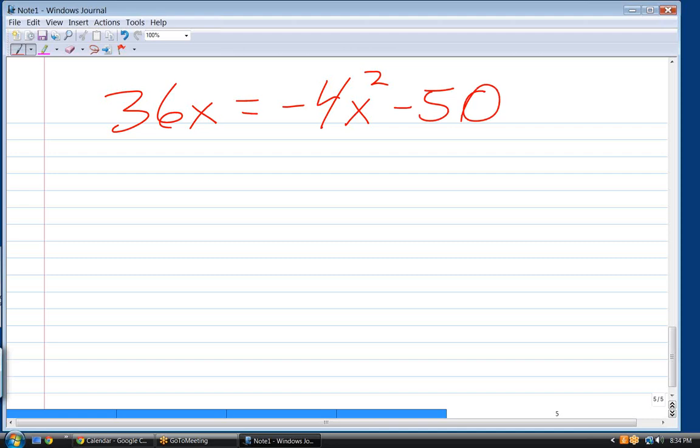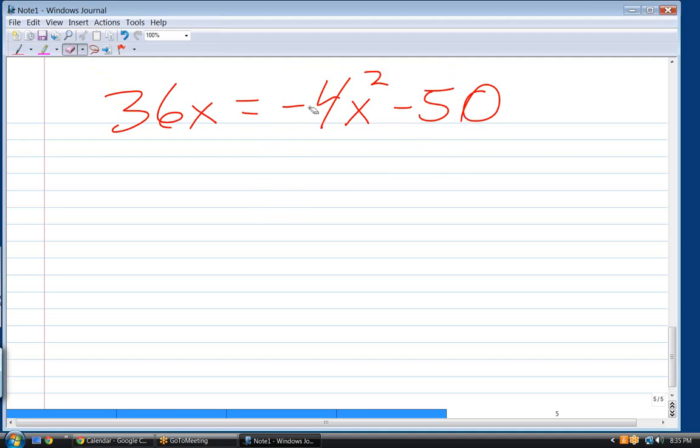Are we gonna square root both sides or not? Notice that the only time that works is if it actually gets you somewhere. I can't take the square root of that. I don't know how to do it. It doesn't reduce. Can you add 50 to both sides and then square root?